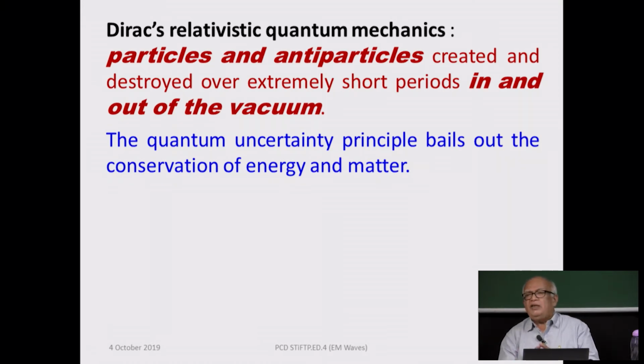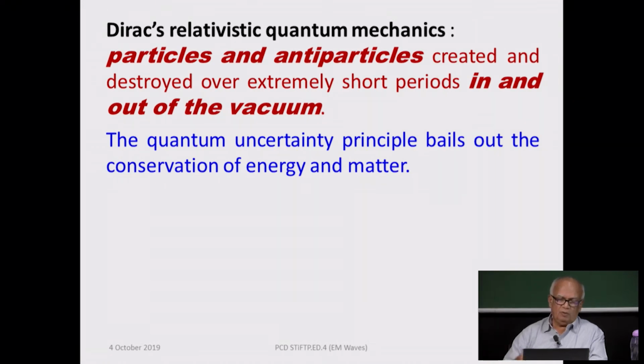But it is good that nature needs to be described in terms of the uncertainty principle, which is what accommodates the possibility of the creation and destruction of particles and antiparticles, which can take place in very short times. These particles and antiparticles may provide some vehicle for the propagation of the electromagnetic energy.